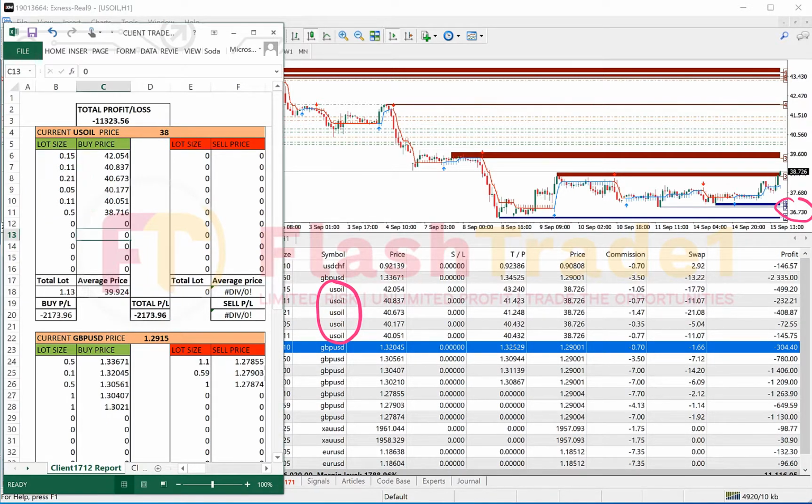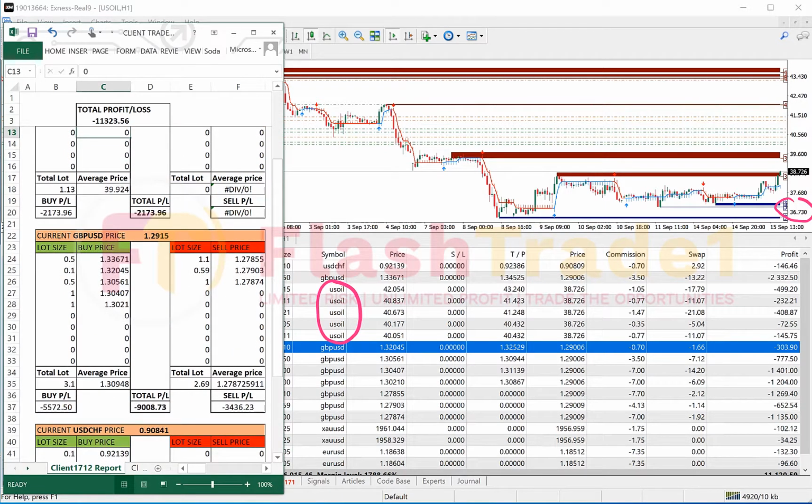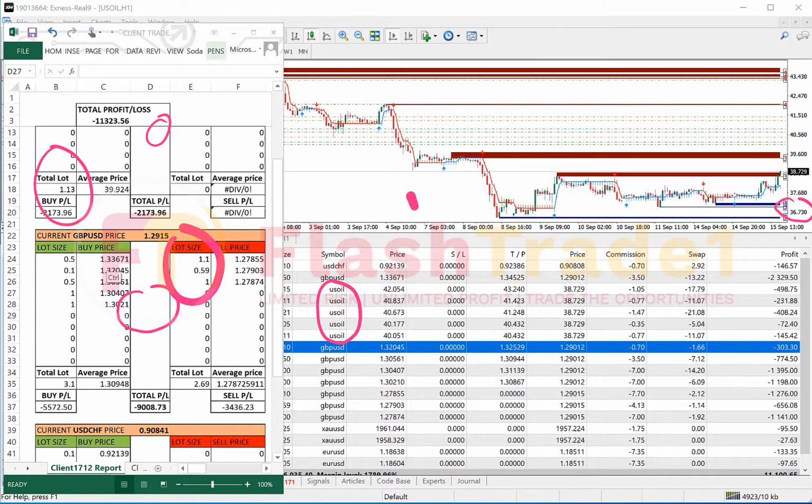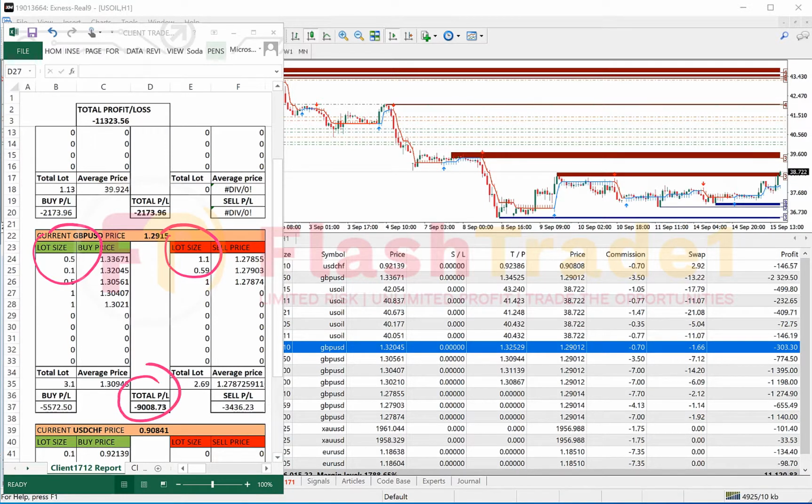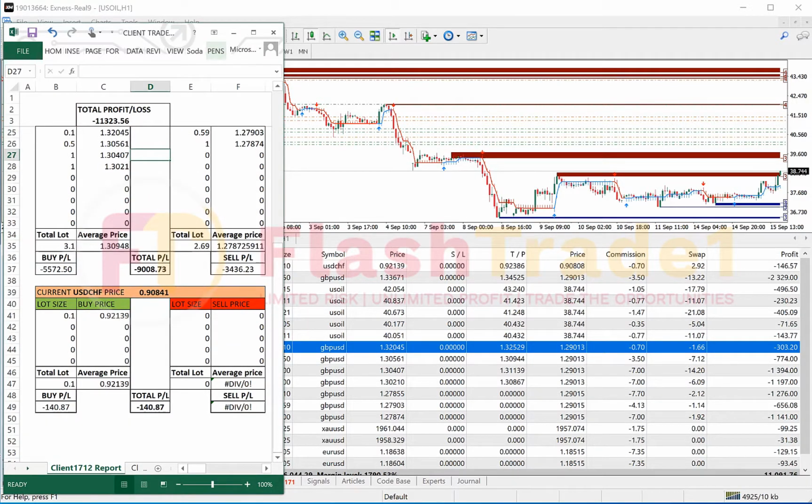Another position held by the client is GBPUSD. We will analyze that with the same pattern, where we can see that he traded buy as well as sell. On the buy side and sell side the loss is currently $9,000, and one more position is the USD CHF, where he only traded 0.1 lot size.